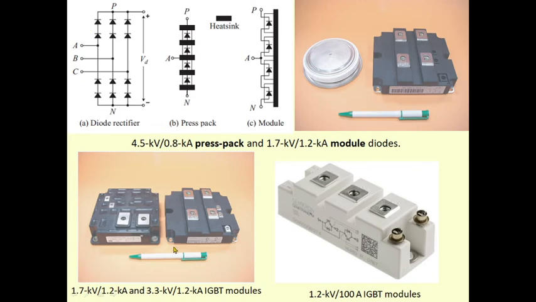Here we are having an IGBT module in which 2 IGBTs are connected. So this is one IGBT module, this is another IGBT module. You can understand the size of this by seeing this pen. This again is approximately half of this size, and this is the Semikron 1.2 kilovolt 100 ampere IGBT module. These are available in our lab also.